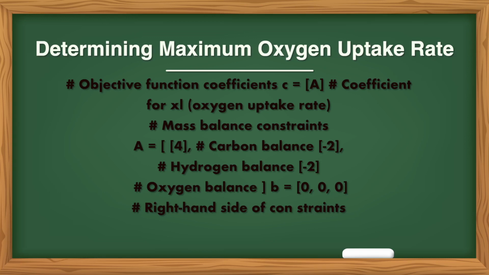It will give you the maximum oxygen uptake rate. And why is it only limited to the oxygen uptake rate? You can give the same code and same information to other constraints, just like nitrogen uptake rate.